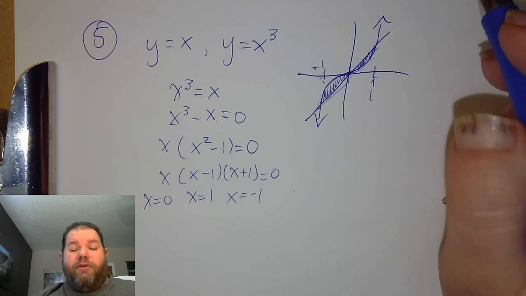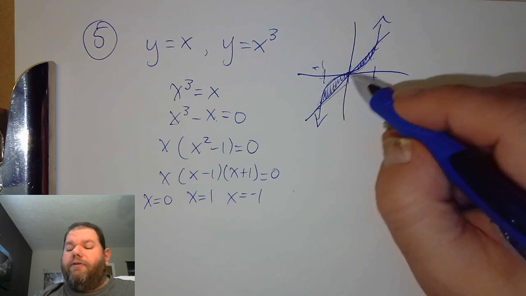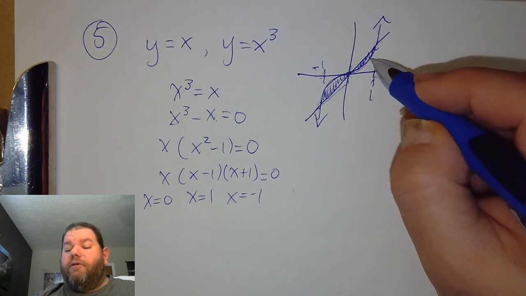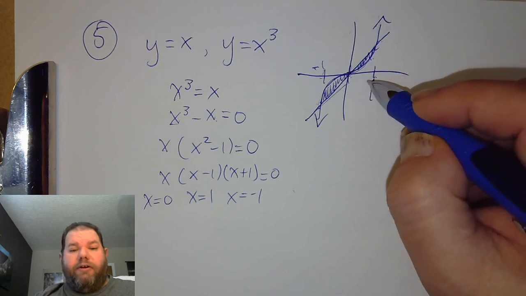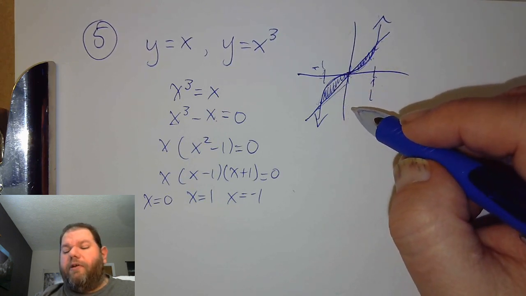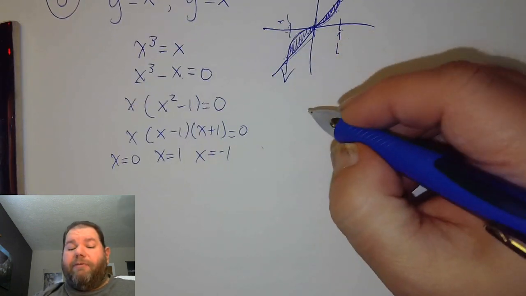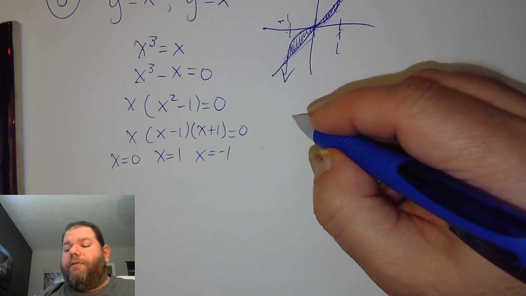The other way that we could have worked this is, even though I didn't draw it great, these two areas are identical, so we could just find one of those areas and then double it to account for the other area. Okay, so there's two different ways we can set that up. I actually like that second way better because we only have to do one integral.